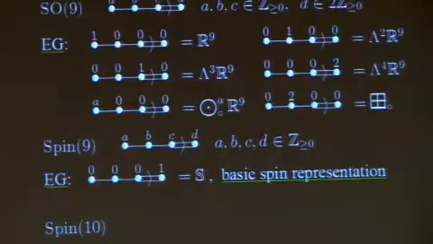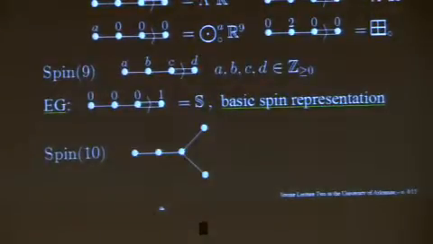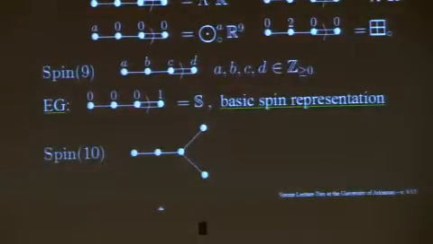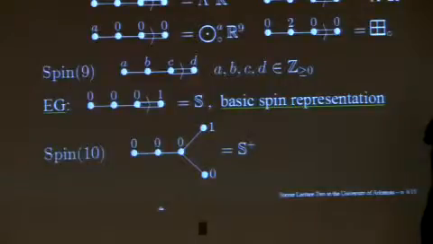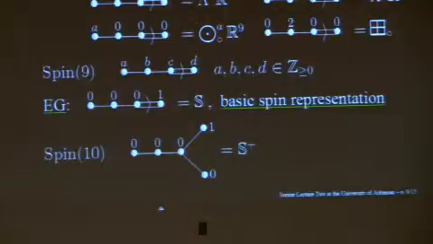Spin 10, there's a similar sort of Dynkin diagram. It looks a little bit more fancy. Looks like that. That's the Dynkin diagram for SO10 or spin 10. And there are 2 basic spin representations for even-dimensional groups, and this is one of them. And there's a big difference between even dimensions and odd dimensions, both in conformal geometry and in life, the universe, and everything. It's reflected in the fact that Dynkin diagrams really look quite different.